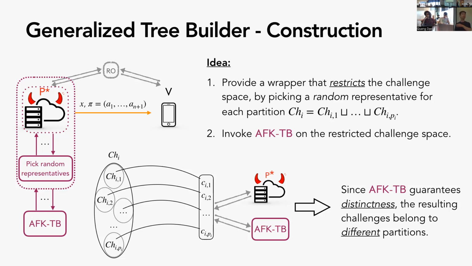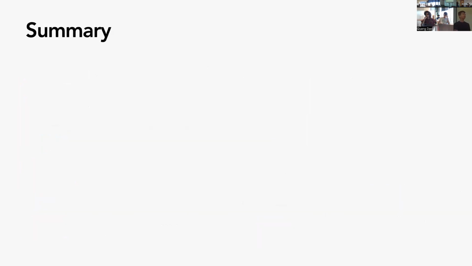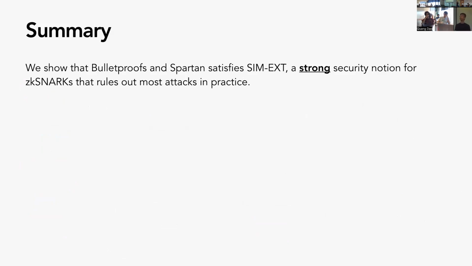So that is going to conclude the main part of the talk. And now let me make a summary. In this talk, I showed that Bulletproofs and Spartan, which are two transparent zkSNARKs, satisfy SIM-EXT, which is a strong security notion that seems to be sufficient for ruling out most attacks in practice.